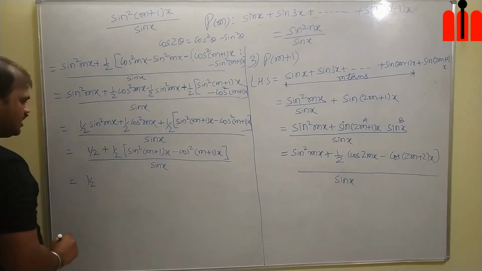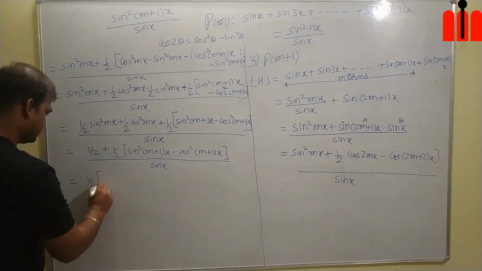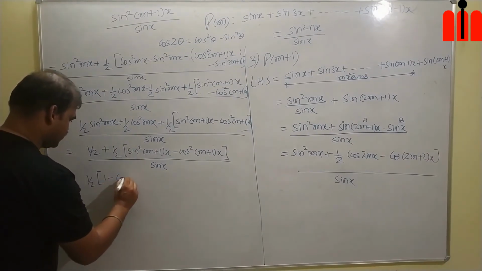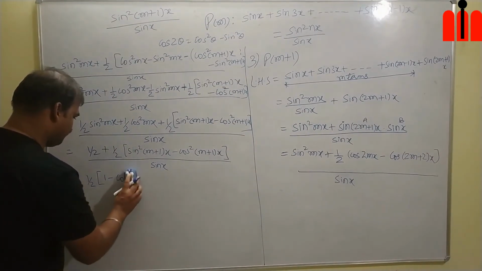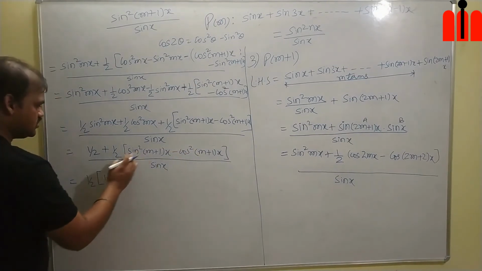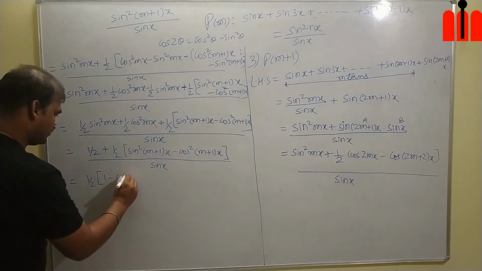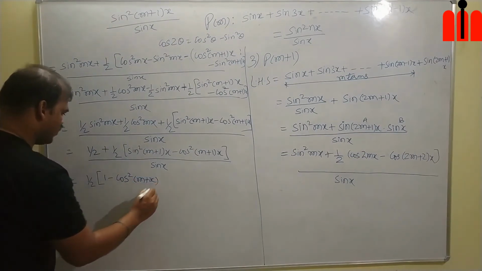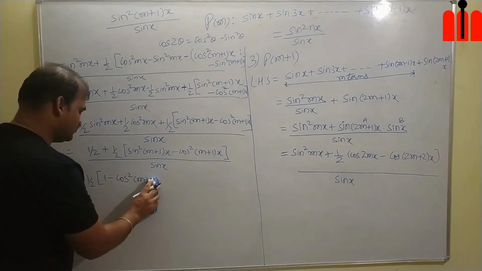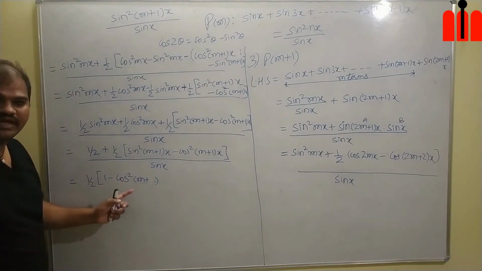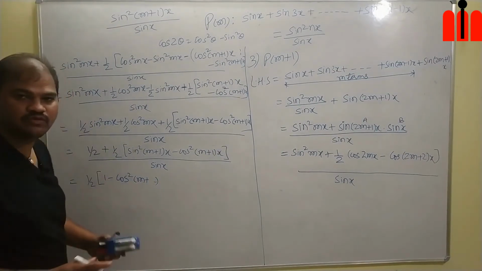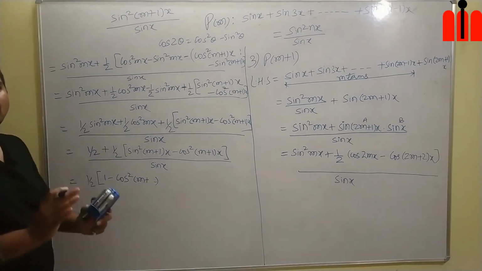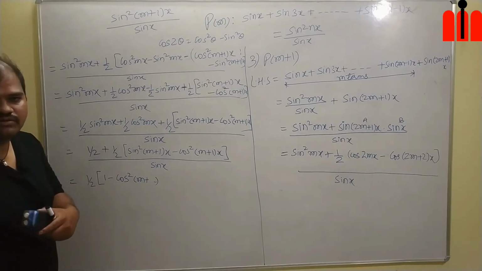Okay, now just take half common from this, then it will be 1 minus cos square. Why am I writing the cos term earlier? Because I want to make use of the identity that 1 minus cos square theta is equal to sin square theta. Cos square theta plus sin square theta is 1, so 1 minus cos square theta will be equal to sin square theta.